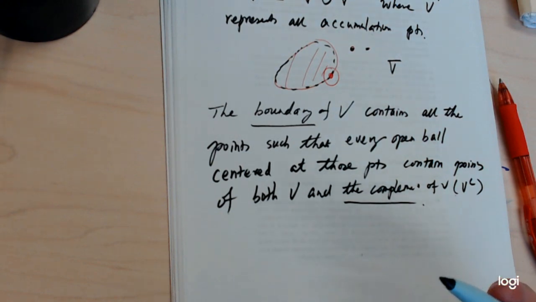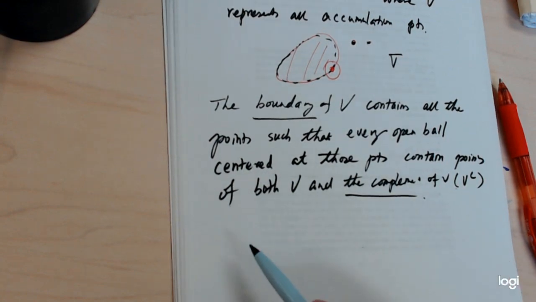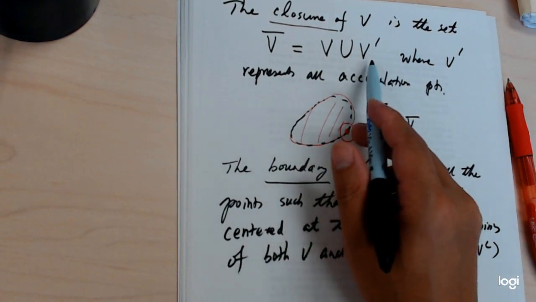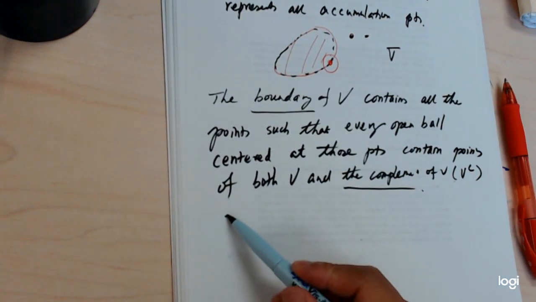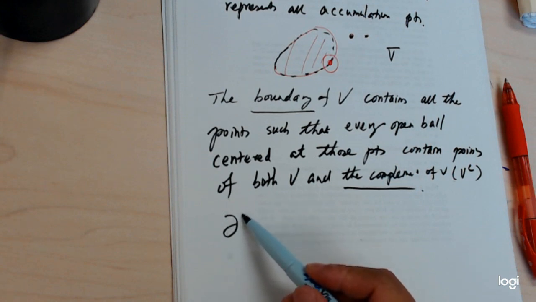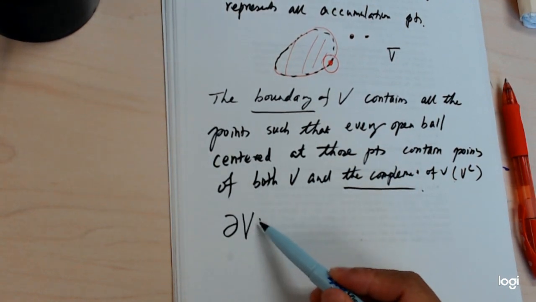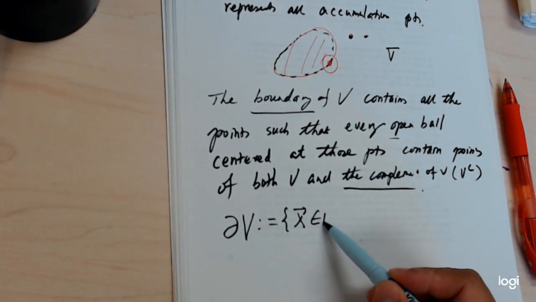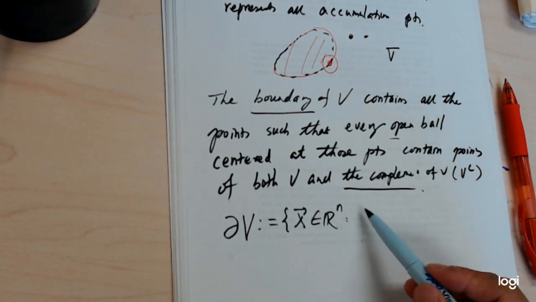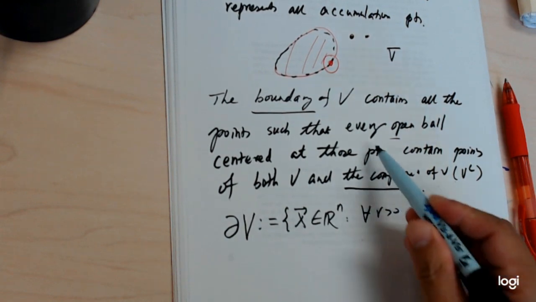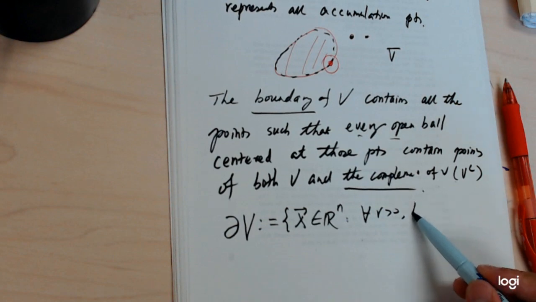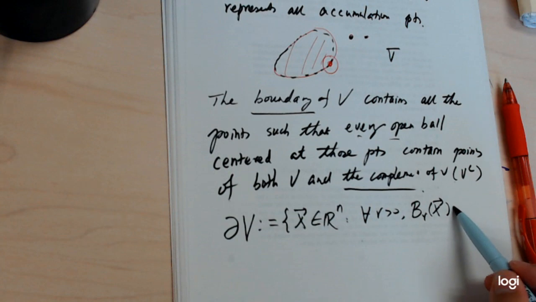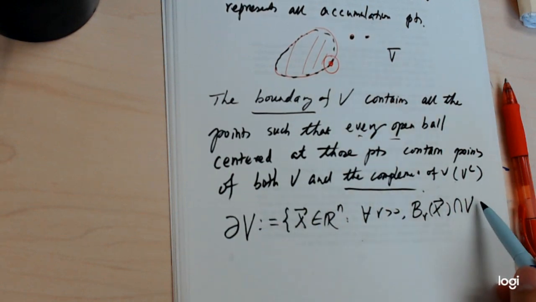So if I must introduce some notation for this, up here the closure is defined to be V with all the accumulation points. The boundary of a set is denoted by a partial derivative sign. Let's write down what we just said here. The boundary of V is all the x in Rn such that for every open ball, for any radius R, the ball centered at x intersect V is not empty.